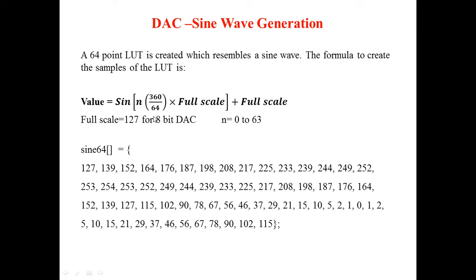Next, for n equal to 1, 1 times 360 divided by 64, sine of this value times 127 plus 127, you will get 139. You have to get the data for n equal to 0 up to 63.